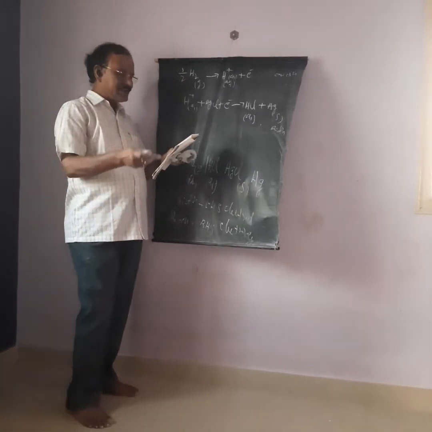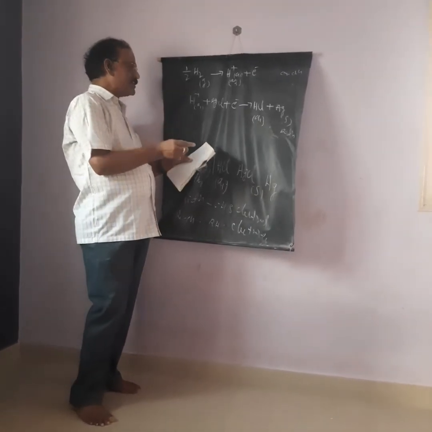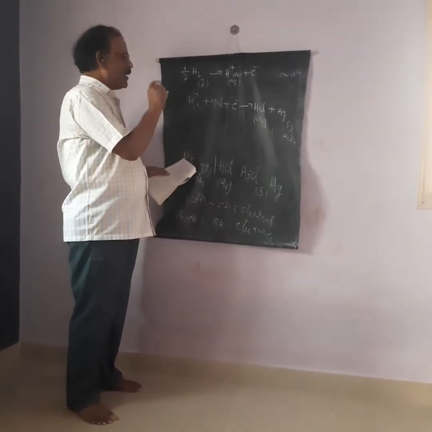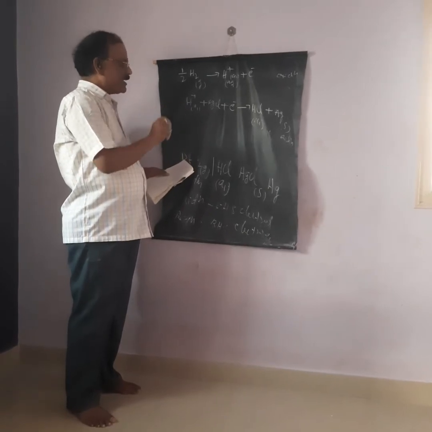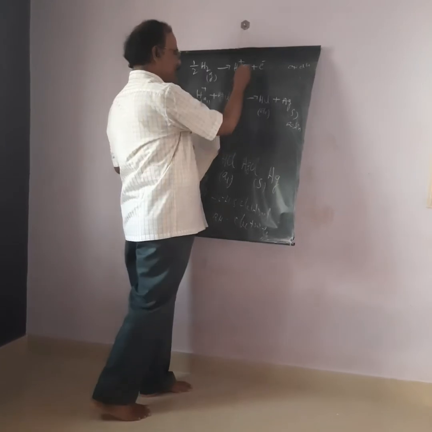The net reaction taking place in the cell for 1 Faraday of electricity is obtained by adding these two equations.